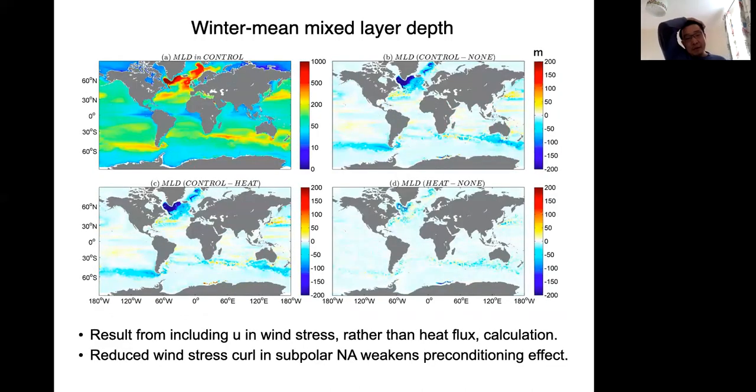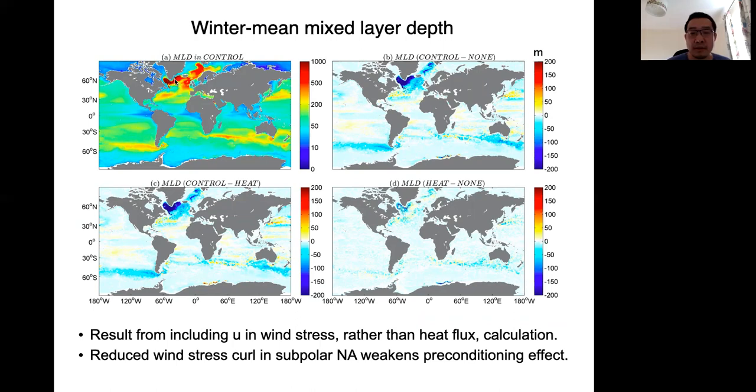If we move to the winter mean mixed layer depth, which is another very key quantity because it's related to deep convection simulated in the model, there's also a noticeable difference. In control, the mixed layer depth is deep in the western boundary current region and also in the subpolar North Atlantic, particularly the Labrador Sea.